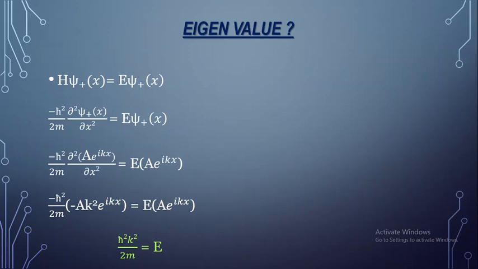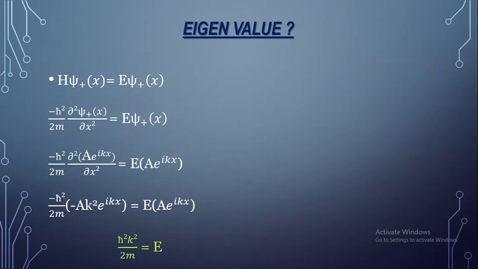So the energy will be equal to h cross square k square by 2m. This is about the eigenvalue, and if you find out the same for xi minus of x, the answer will be E is equal to h cross square k square by 2m. You can just try it out.